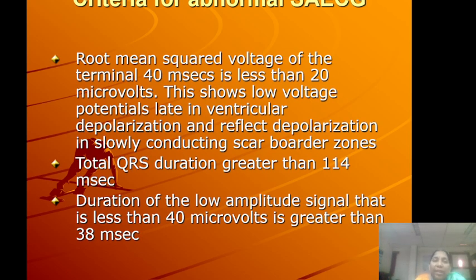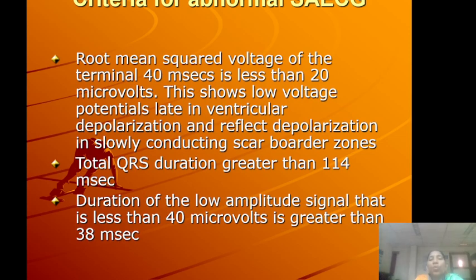Then the criteria for finding an abnormal SA-ECG: if you have the signal average ECG signal, the first thing is to calculate the root mean square voltage of the terminal 40 milliseconds, which should be less than 20 microvolts in amplitude.